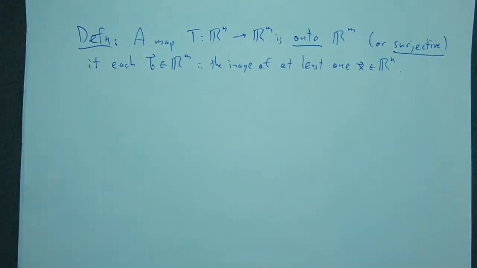So this is called an onto map, or a surjective map. Okay.